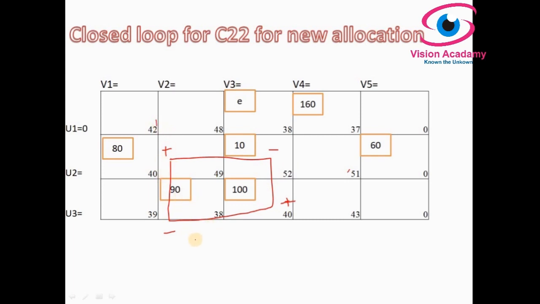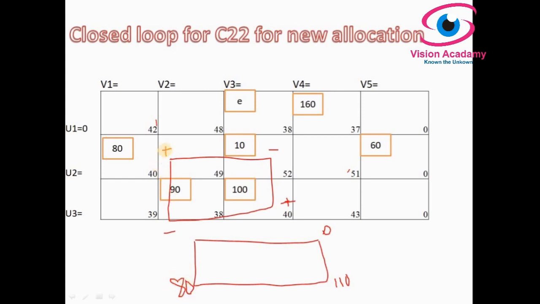Let me show you an example here. This is a loop of this. There is a minus sign, it means 10 minus 10, there will not be any allocation, it means 0 allocation. Here 110 is there, there is a plus sign, so it was 110 and we have to add 10 because there is a plus sign. And it is 90 with a minus sign, so 90 minus 10, it is 80.